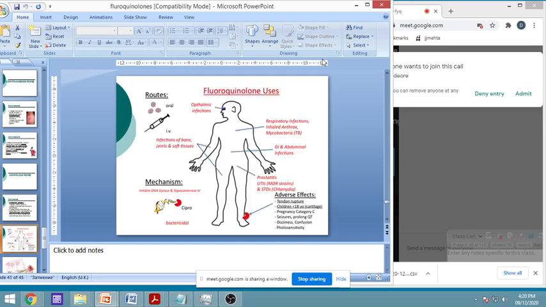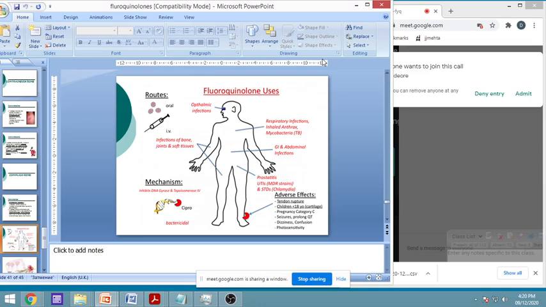So what are the fluoroquinolone uses? They are available in various formulations. They can be taken as a tablet or capsule in oral format. They can be given by injection for intravenous use, and they can be used for ophthalmic infections. There are ophthalmic solutions and ophthalmic creams available.